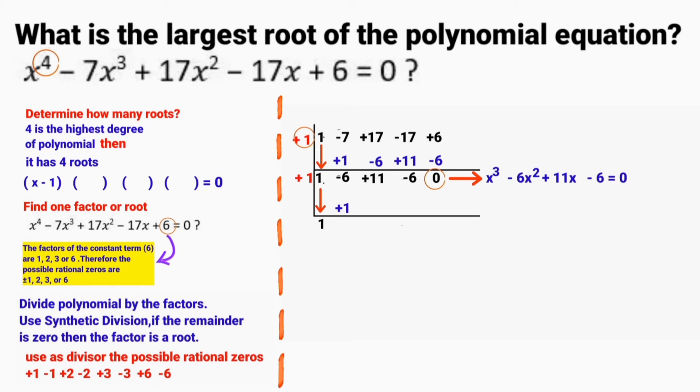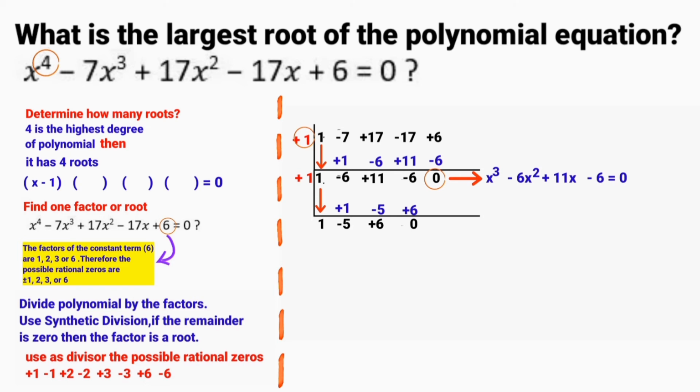Negative 6 plus 1 is equal to negative 5. Negative 5 times positive 1 is equal to negative 5. 11 minus 5 is equal to 6. Positive 1 times positive 6 is equal to positive 6. Negative 6 plus 6 is equal to 0.